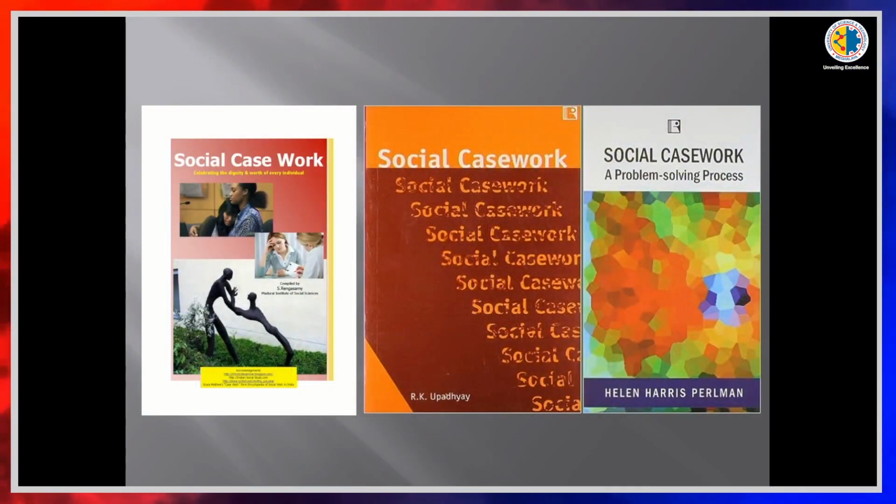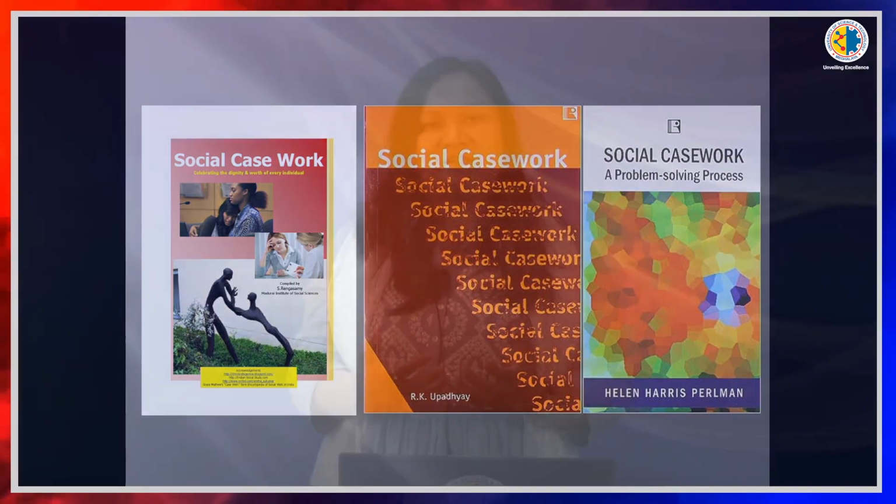Next suggestive reading from your left, the second one, Social Casework book by R.K. Upadhyay. This is suggested because these books are written in simpler language for us beginners to read and follow and understand the important terms and terminologies. The third one from your left, as you see the slide, is Social Casework, a Problem Solving Process by Helen Harris Perlman.